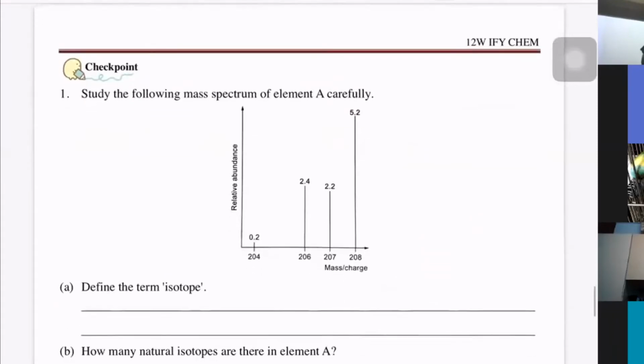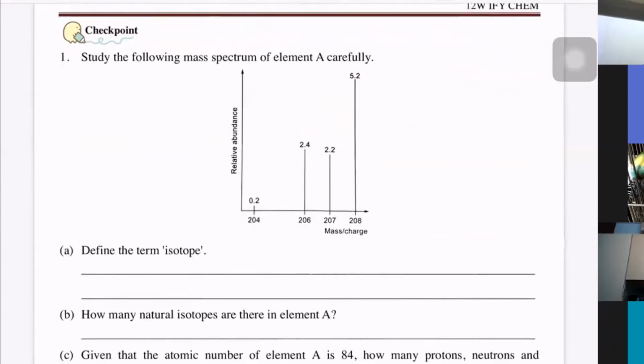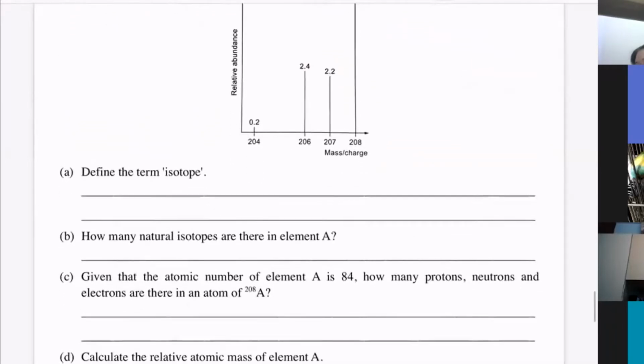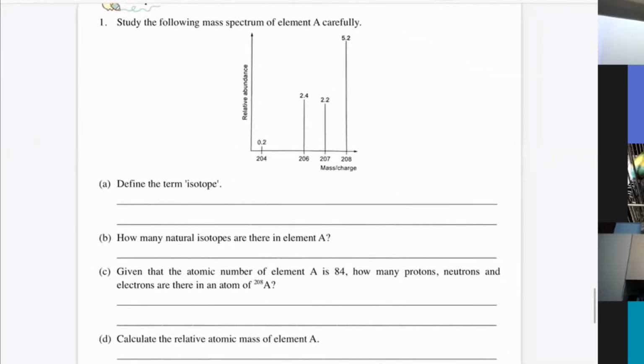Okay, so let's see some examples together. Here, a mass spec for element A is given to you. Could you work out the answers for these questions?